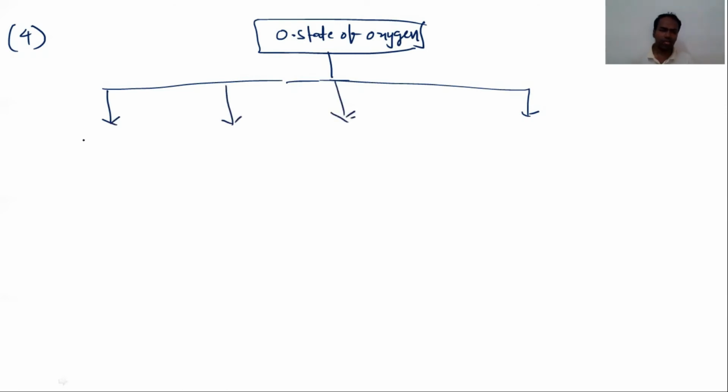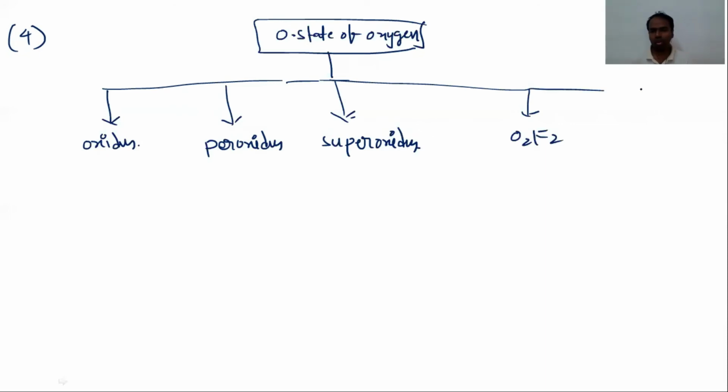Generally in normal oxides, peroxides, superoxides, one more compound O2F2, and the next compound OF2. So these are the different compounds formed by oxygen.